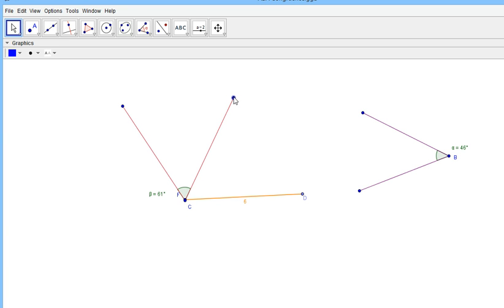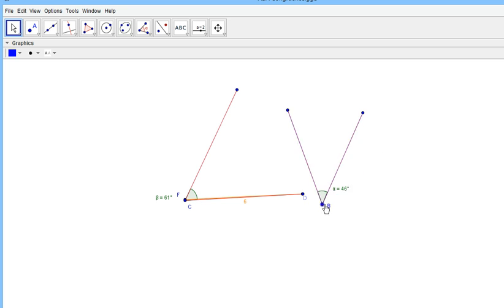Now remember, I'm just looking at the angle here, and I'll put this point right there like that. And now I'm going to take angle B, or point B, put it over here.